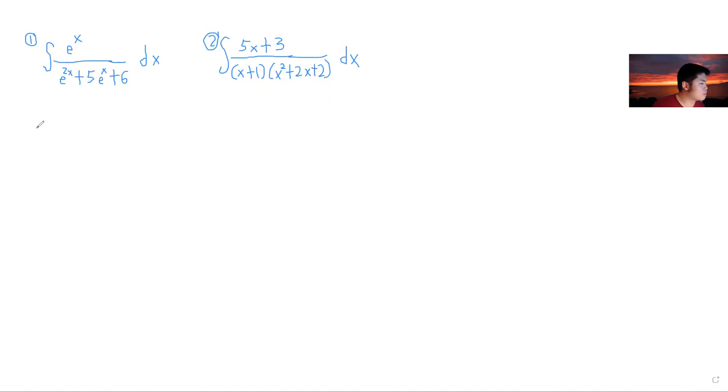So partial fractions, we generally like to have them as polynomials. So here, we're going to use the substitution rule. We're going to say that u is equal to e to the power of x.